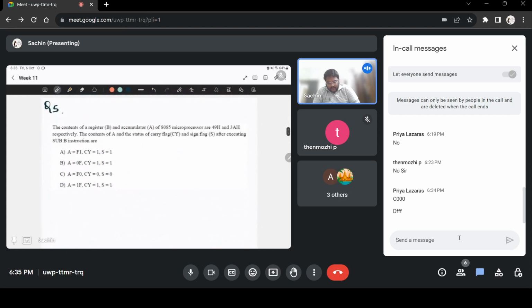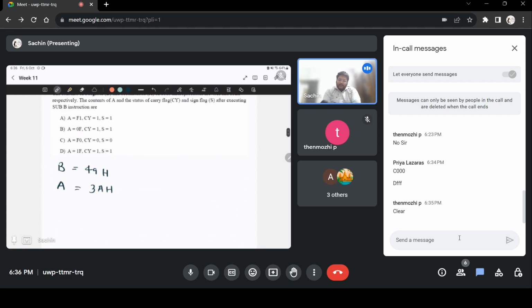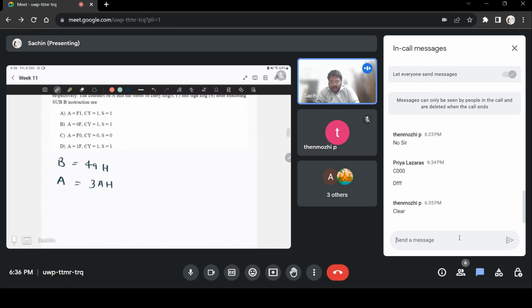Next question. The contents of a register B and accumulator A of the 8085 microprocessor are 49H and 3AH respectively. So B has the value 49H, A has the value 3AH. The contents of A and the status of carry flag CY and sign flag S after executing the SUB B instruction are.